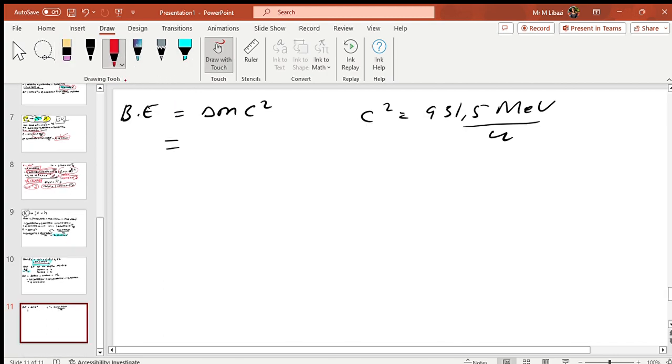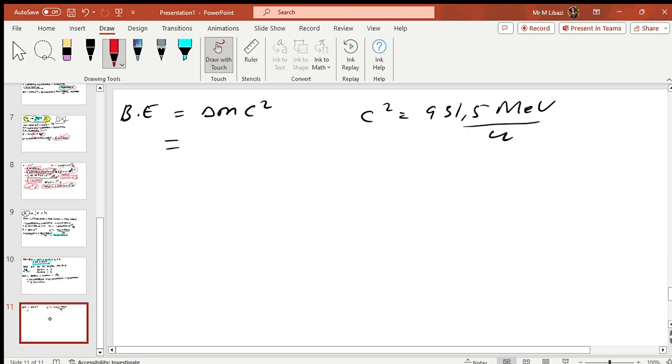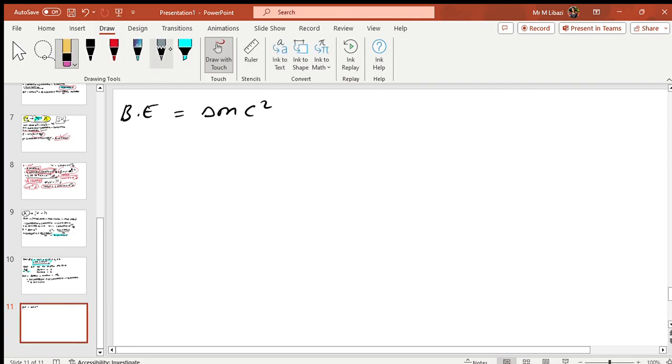Let's try that. First we removed a proton and then a neutron where the proton was already removed. Now we remove the neutron straight from the original. That's the way I understand it. I think it should be.